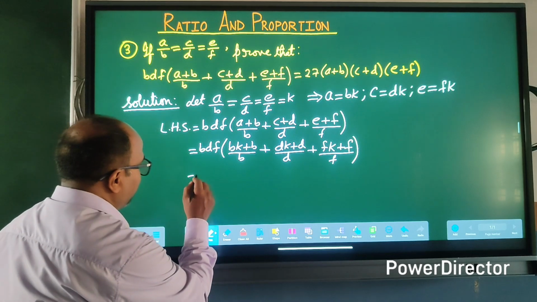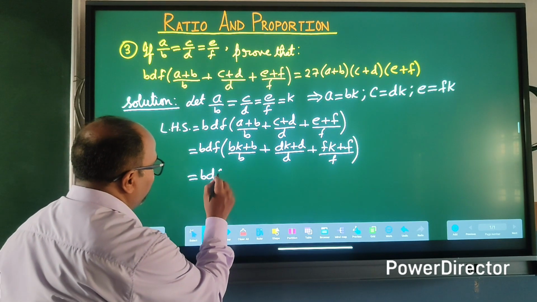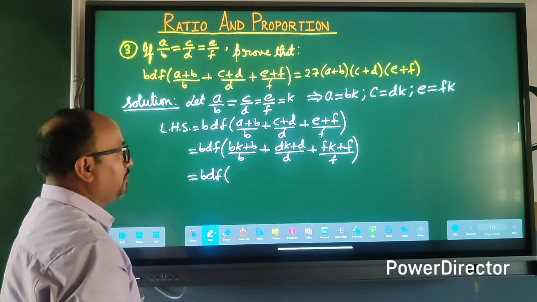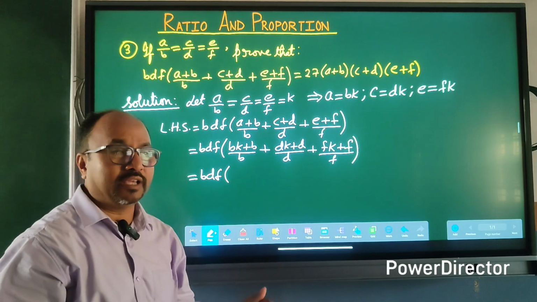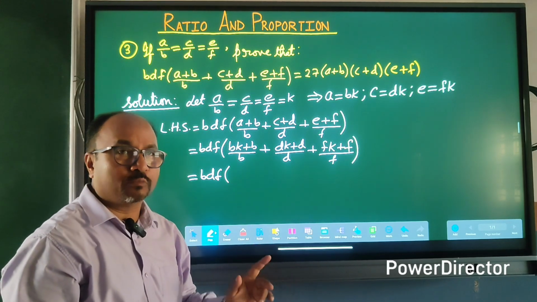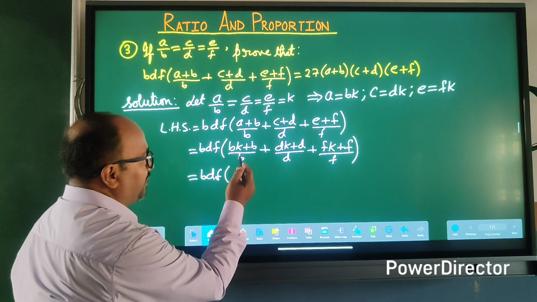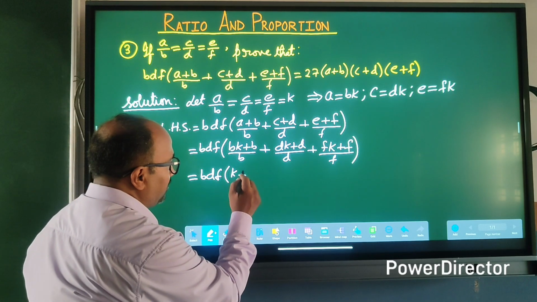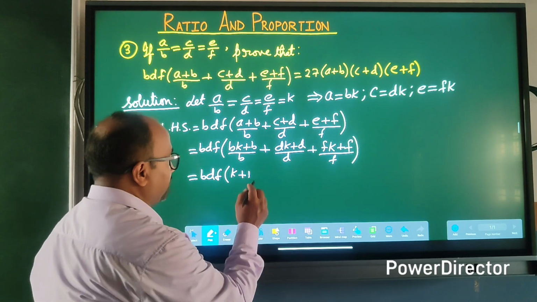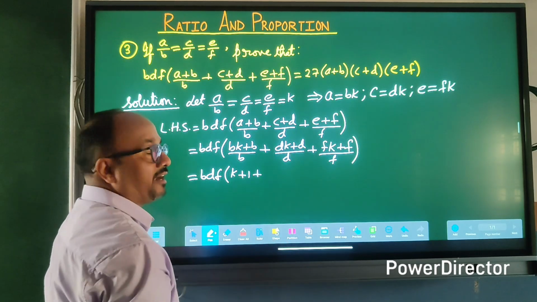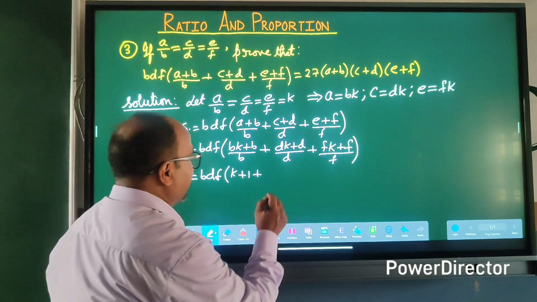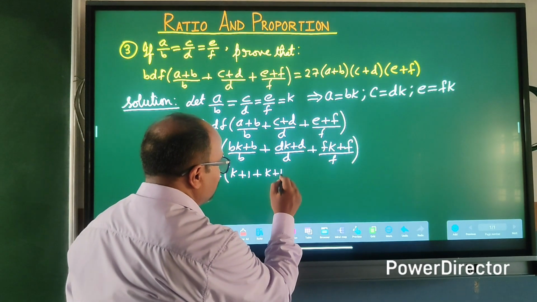So BDF is written outside the bracket. Now BK plus B is getting divided by B, so B will divide both the terms of the numerator. If I divide BK with B, I get K plus 1. Then if I divide with D, again I get K plus 1.